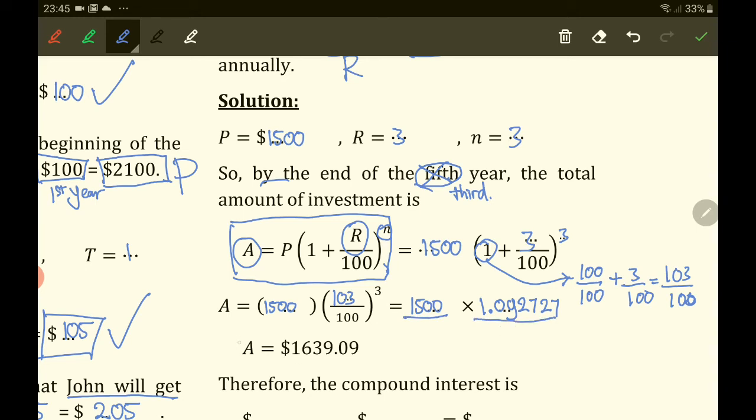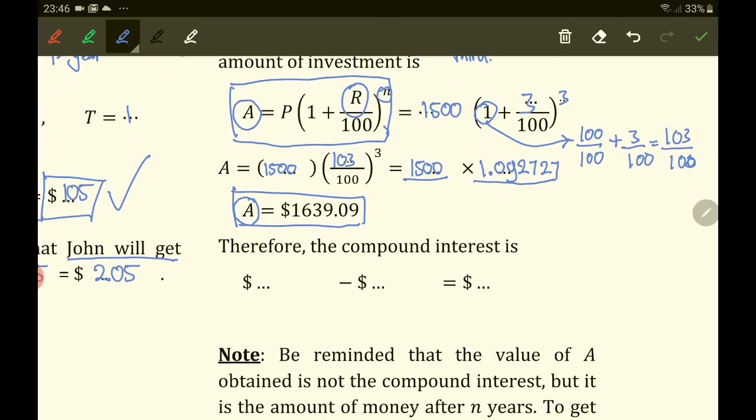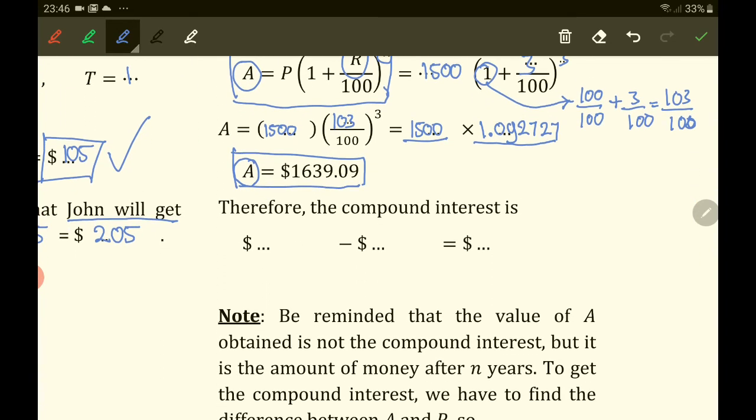We get 1,639.09. So this is A. Once more, A is the total amount of money that you have. A is not interest, A is not extra money, but A is the total amount of money. It means A includes the principal and also the interest. This is the total money that you have now.